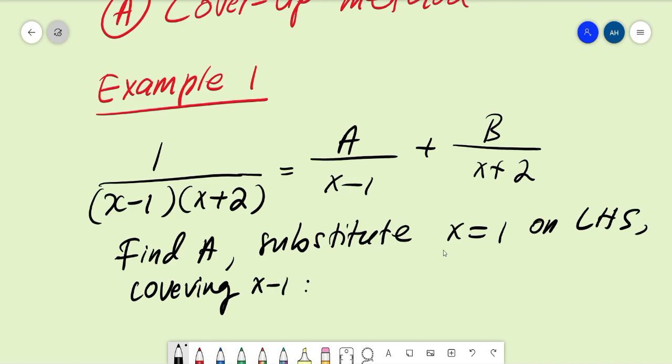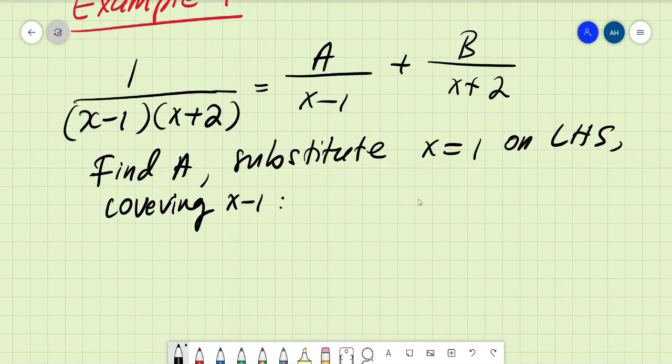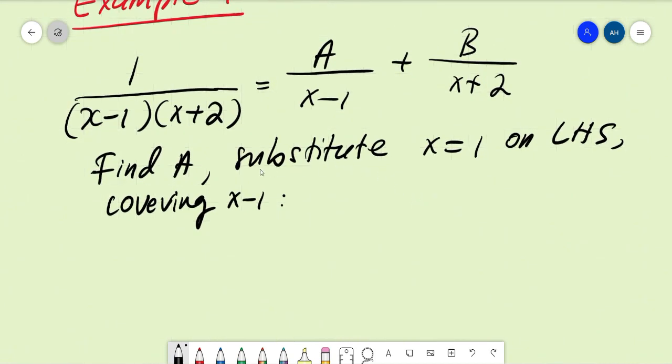What happens if we do that is, as if on the left hand side we cover it with our fingers, we close this one as if we don't see it, and then we substitute x equal to 1 on the left hand side.